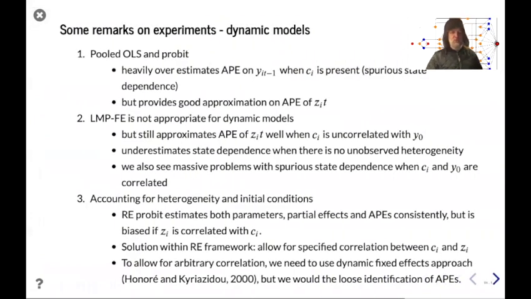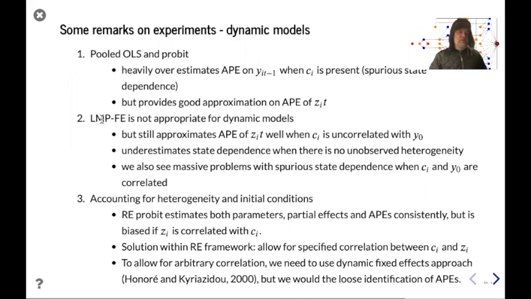So here are some remarks, and I'm going to leave it here in the interest of time. It's just summarizing what we've been through. Pooled OLS heavily overestimates the average partial effect on the lagged dependent variable when you have C present, because of the spurious state dependence, but it does provide good approximations in some cases.